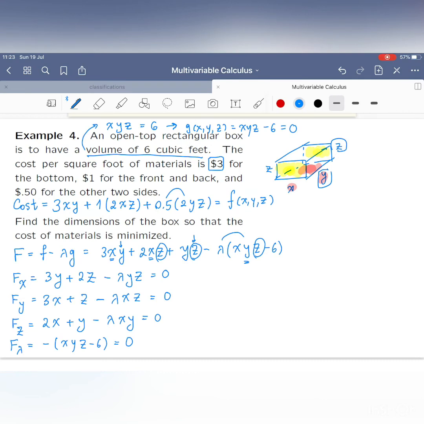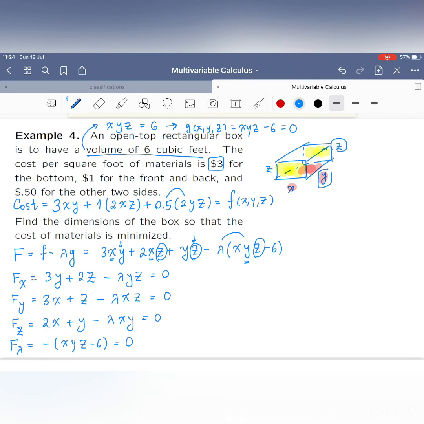So this is maybe a little bit difficult as you look at it at the first place. It seems that there's a lot of variables. It is x, y, z as well as the lambda.